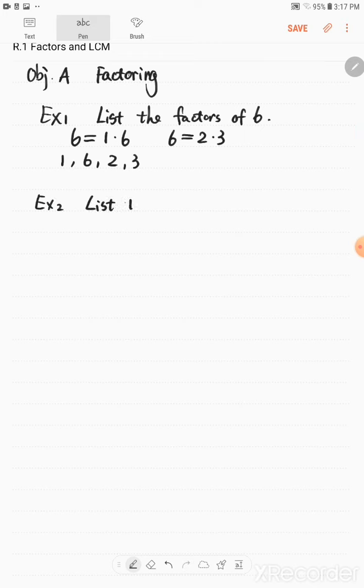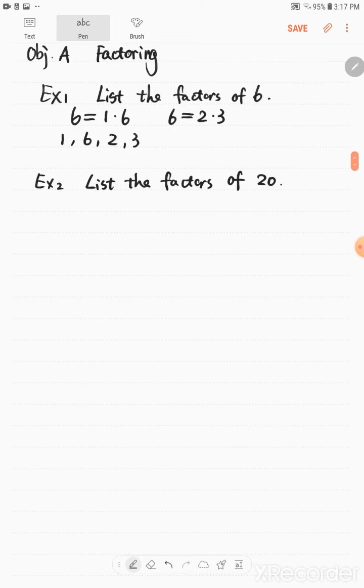This time, we still need to list the factors of a number. This time we got 20. The same step. First, we write the different factorizations of 20. So let's try. 20 equals 1 times 20.